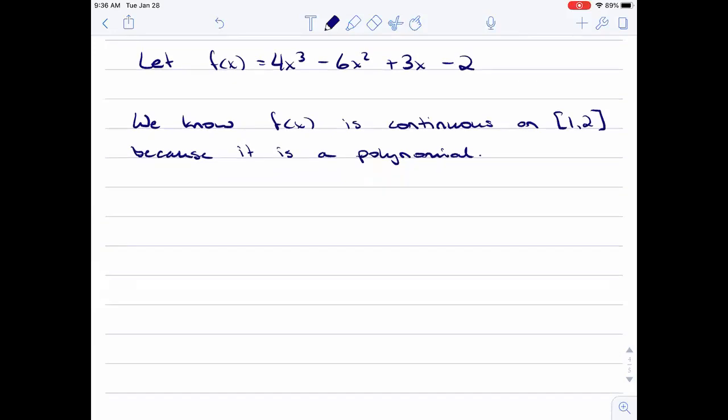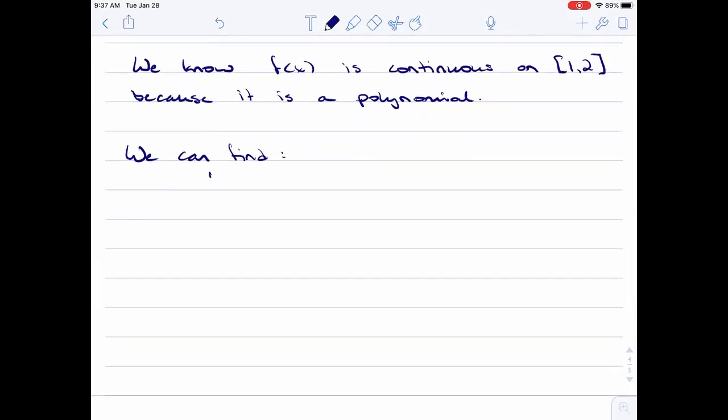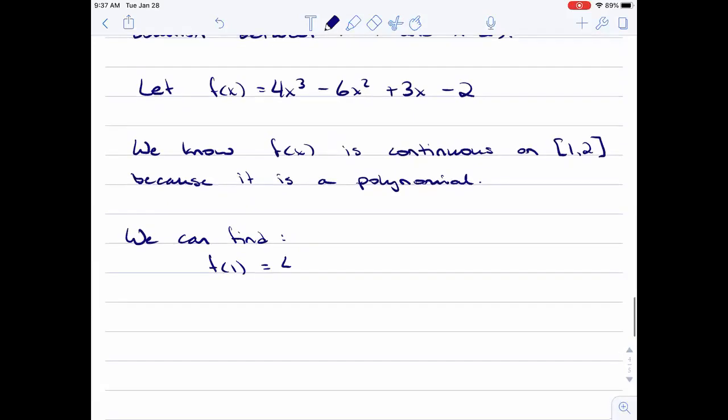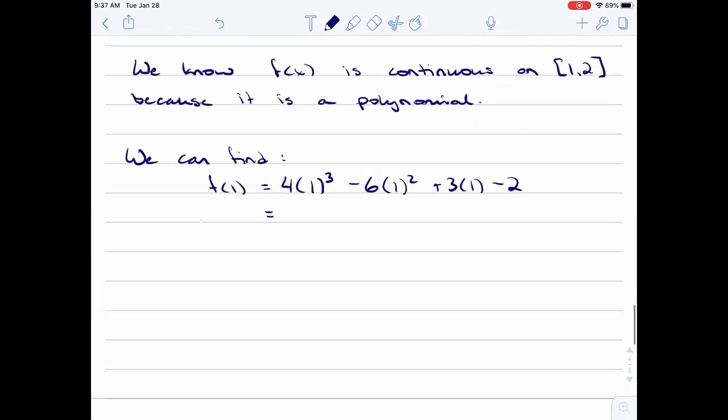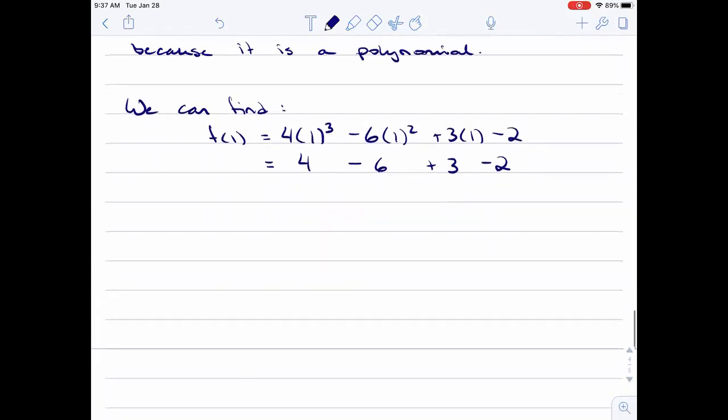So we can find f of 1, which is 4 times 1 to the power of 3 minus 6 times 1 squared plus 3 times 1 minus 2. Four minus 6 plus 3 minus 2, I get -1.